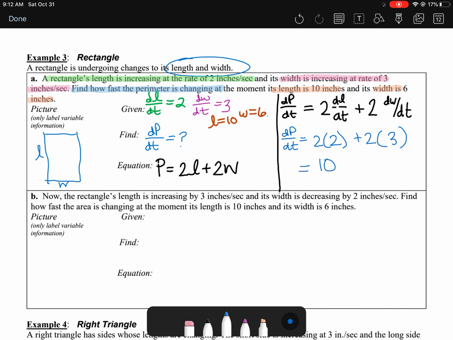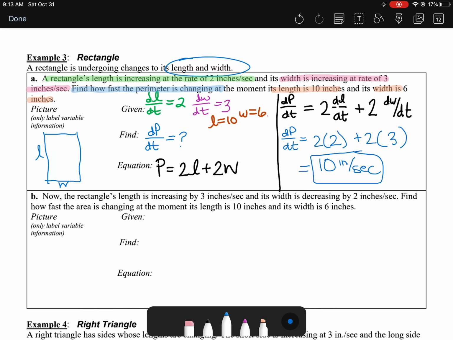Now again, I want to make sure I label. So this is going to be 10 inches per second. That's the rate at which it is changing. If I wanted to write a formal sentence, like if they said to interpret my answer, I would say the perimeter of the rectangle is increasing at a rate of 10 inches per second when L is 10 and W is 6.